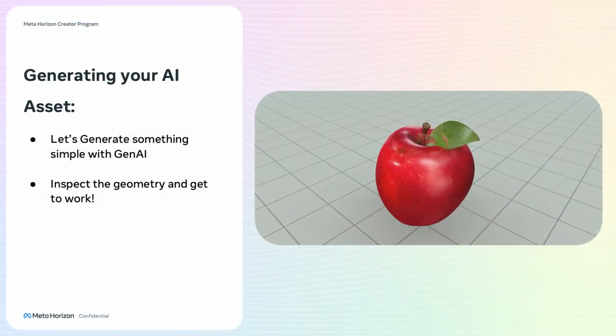All right. So generating your AI asset. Today we're going to theoretically generate a very simple AI asset so that we can go through retopologizing it. I have two tools that I usually use. Both are paid, but you could also use the tools that Blender uses. But I'd like to introduce you guys to some really cool tools that really streamline your retopology and get to understanding it a little better.